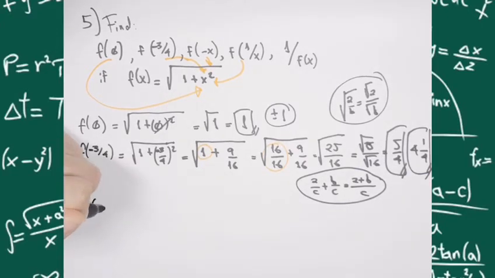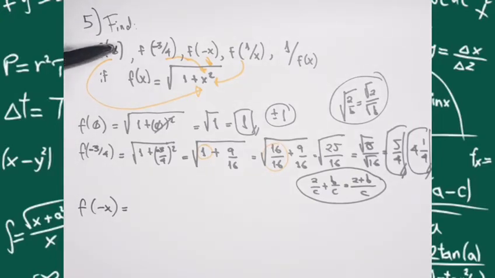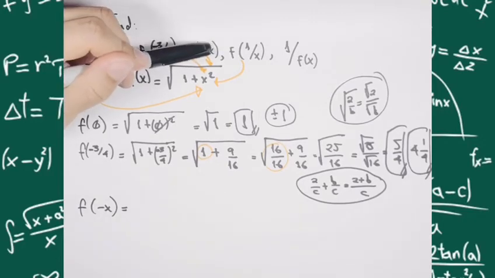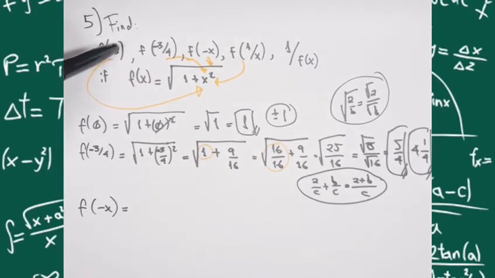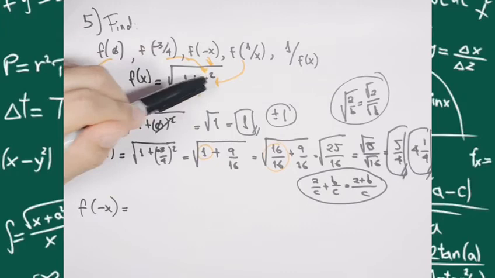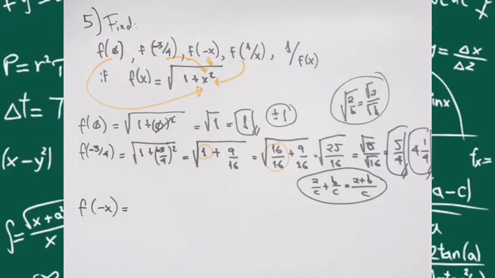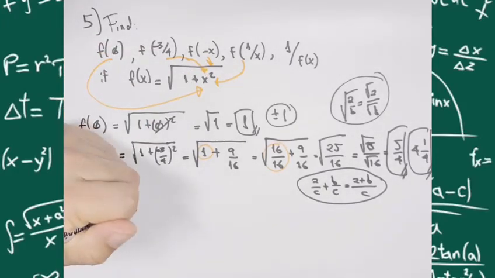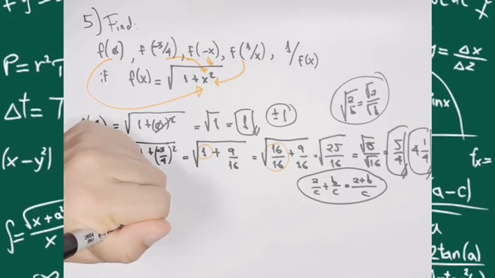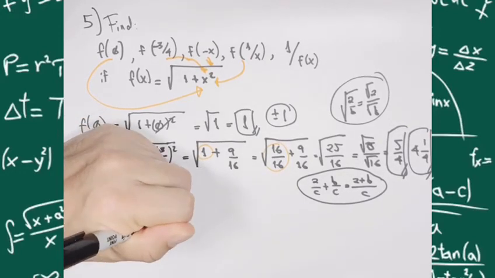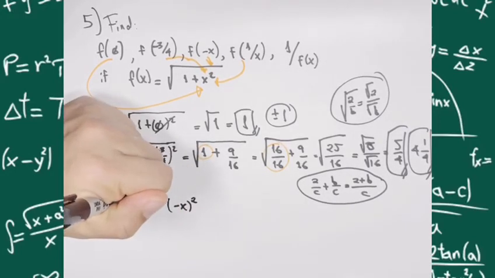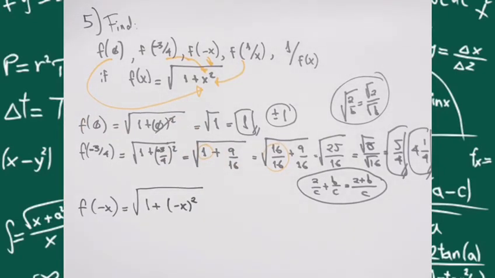Now let's go to the third one, f of minus x. Here is where I'm going to show you that the minus, when we have an even power, just replacing whatever we have in the x, the function is going to be the same thing, just like we did before. We just have to replace the minus x inside the x squared of the function. So the square root of 1 plus minus x, raised to the square.